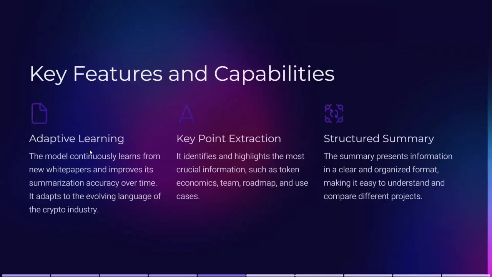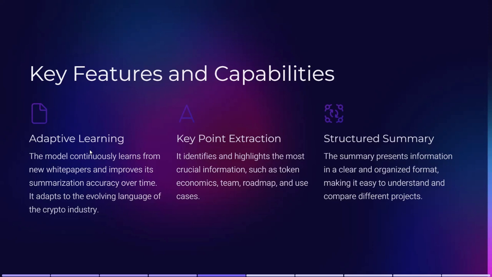Some of the key features and capabilities of our AI model. First of all, it has adaptive learning capability. The AI model will continuously learn from new white papers and improve its summary accuracy over time.